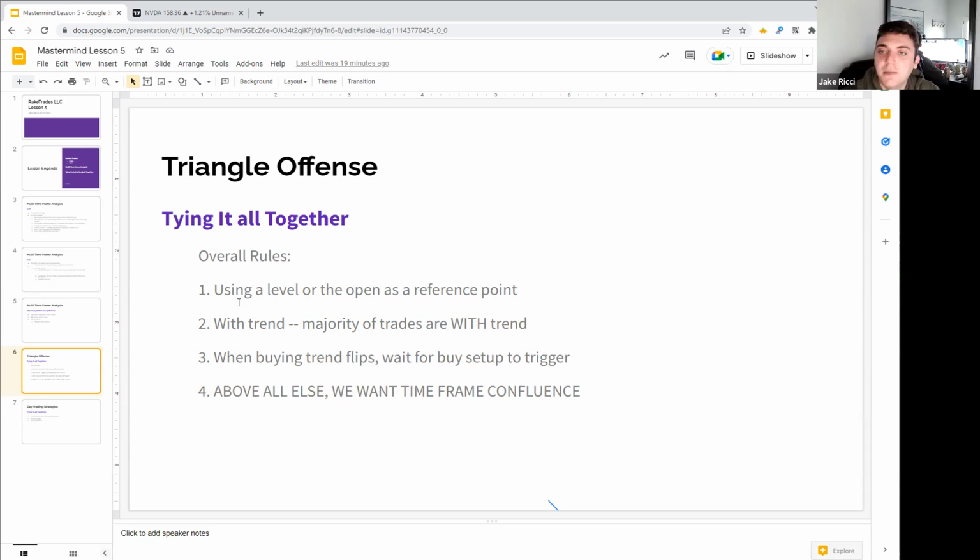We have to be with the trend on those smaller time frames in order for us to maintain our discipline and not be fighting the overall larger trend too much, right?